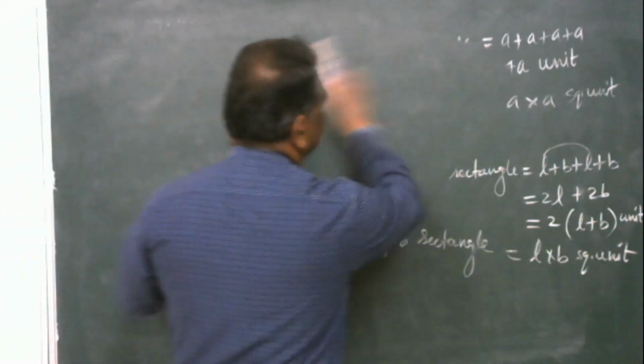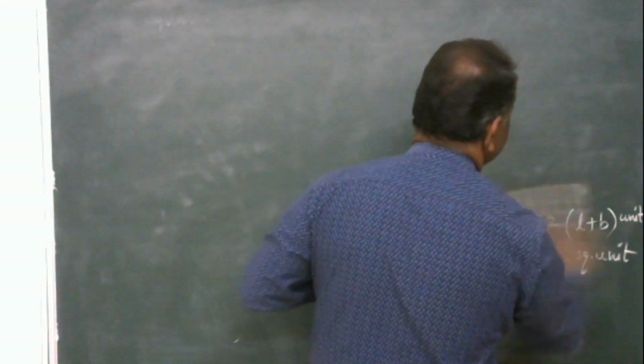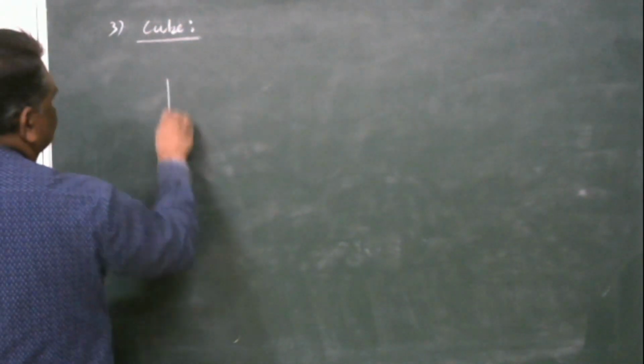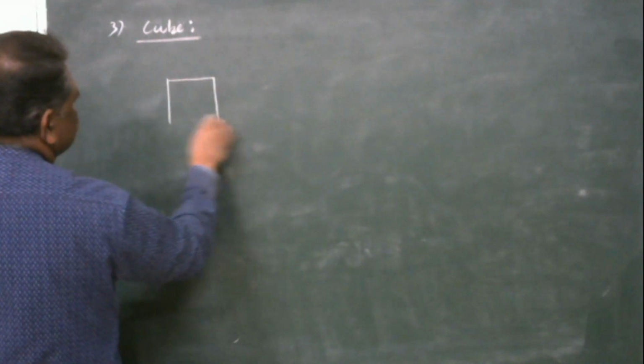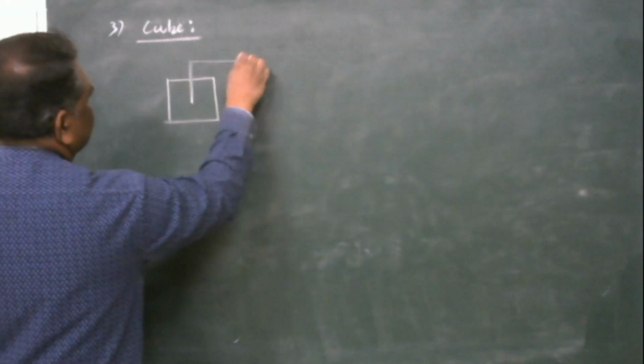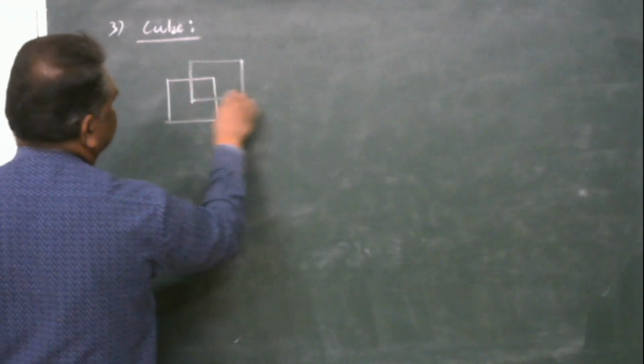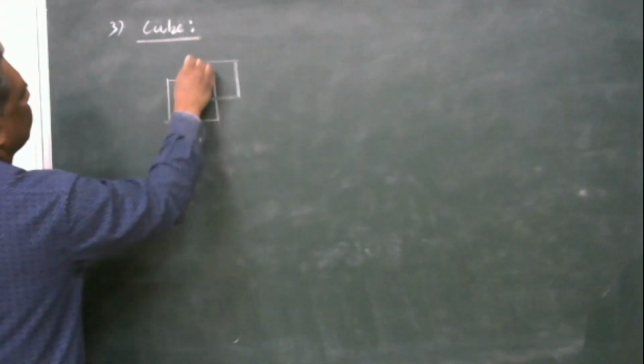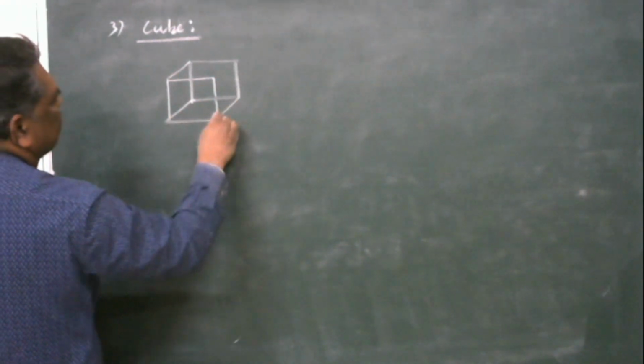The third figure is the cube. It is a little difficult to draw a solid on a plain board, but this is just a rough diagram.